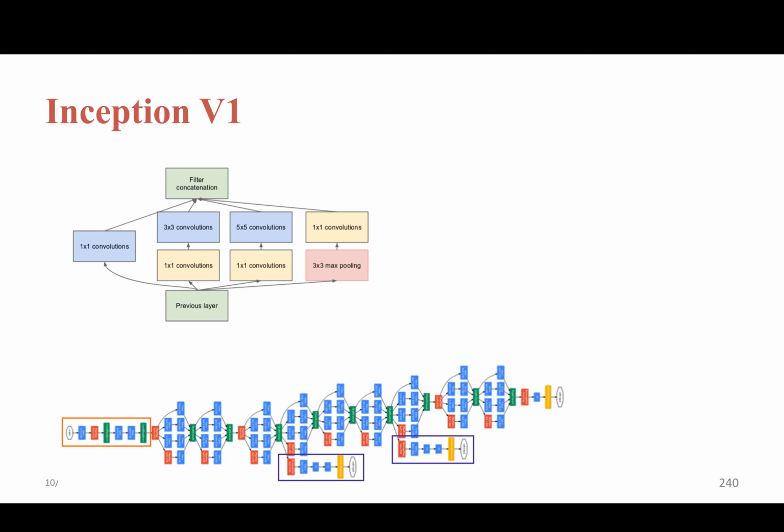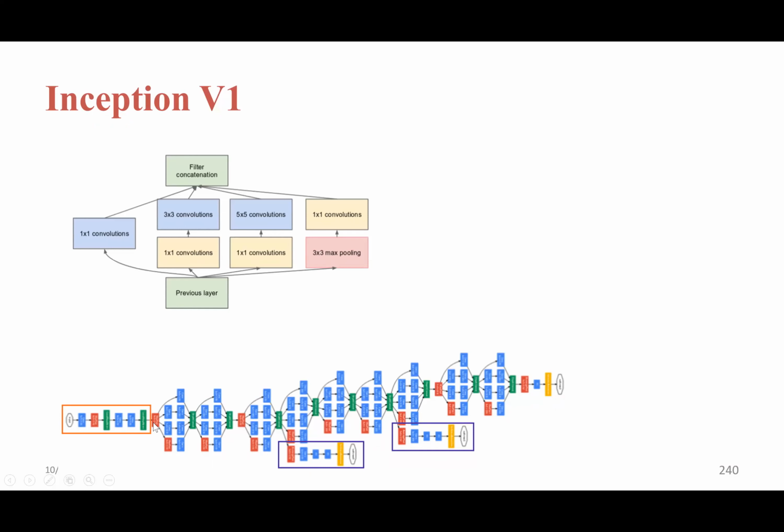The authors designed the Inception module to reflect this idea. You can see in this figure that this is one module, from red to green, and there are several such modules. If you remember, we counted these modules too. Such 9 modules are there.